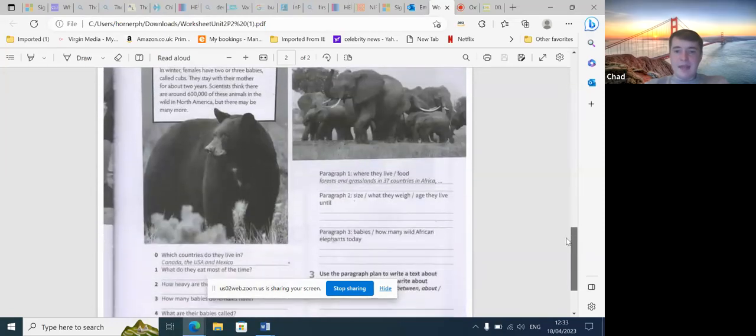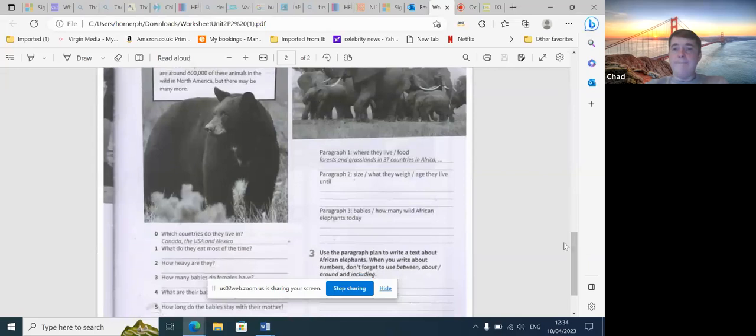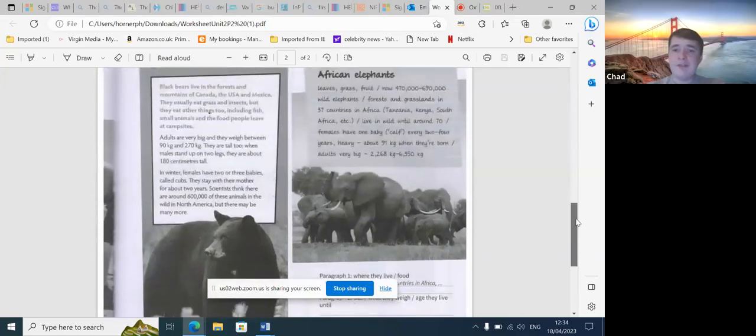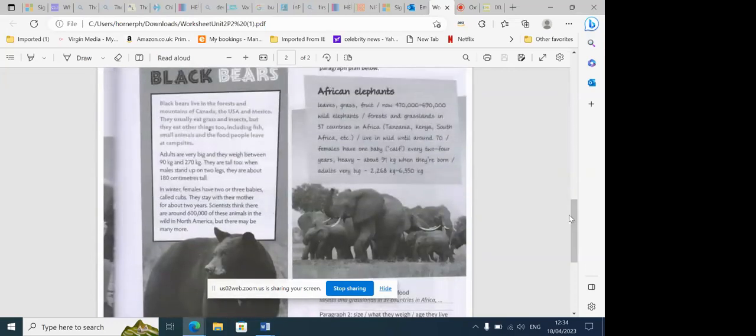Okay, yep. And then the third paragraph, babies. Well, we know the babies are the calves, and we know how much they weigh. Well, how many babies do they have? So where can we find the information about the babies, the calves? Females have one baby or calf every 2 to 4 years.